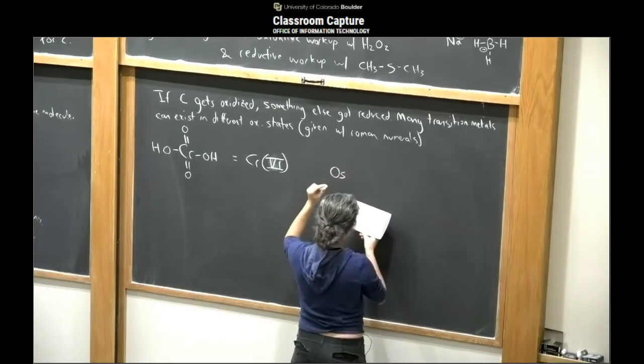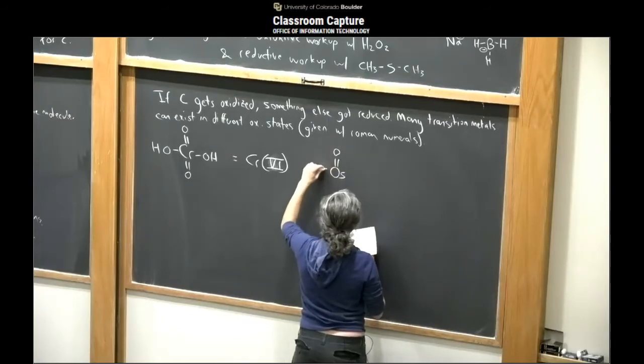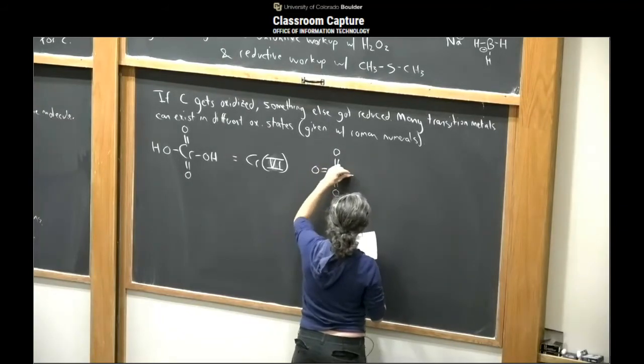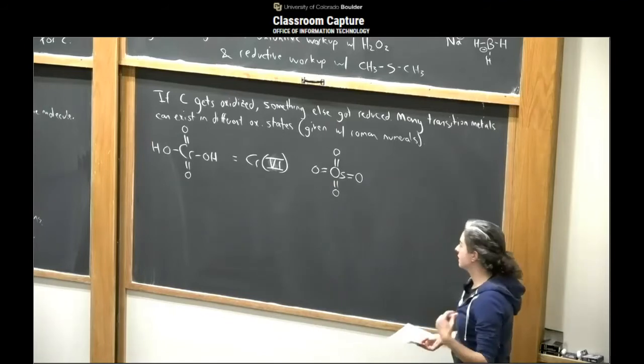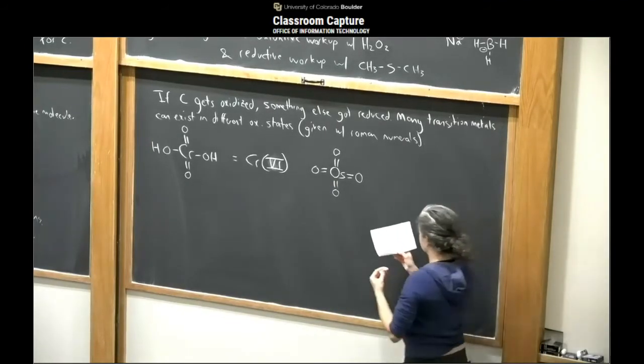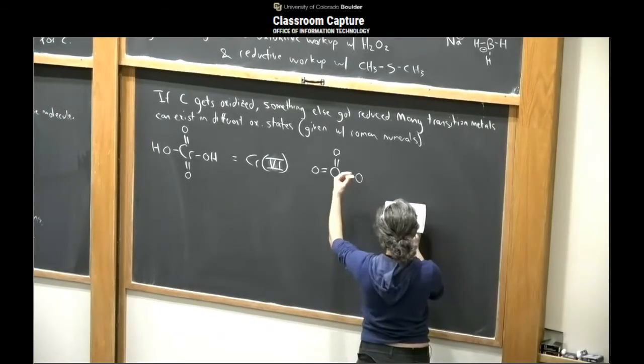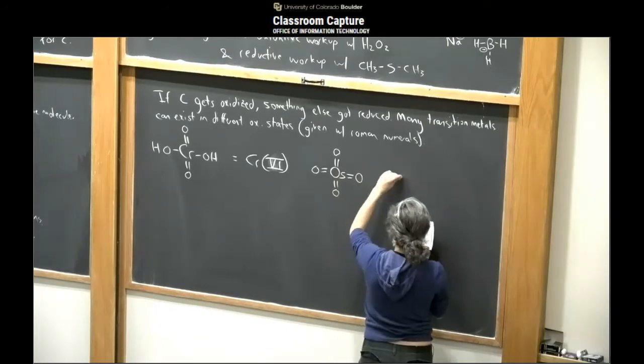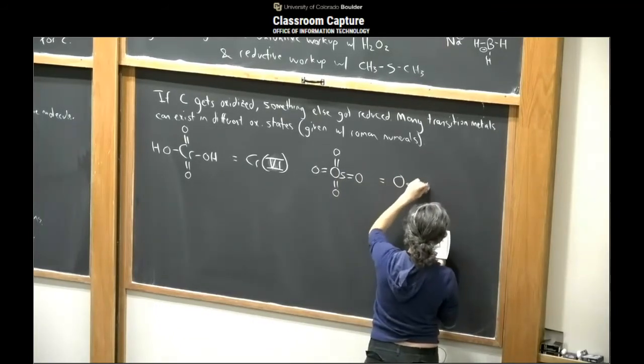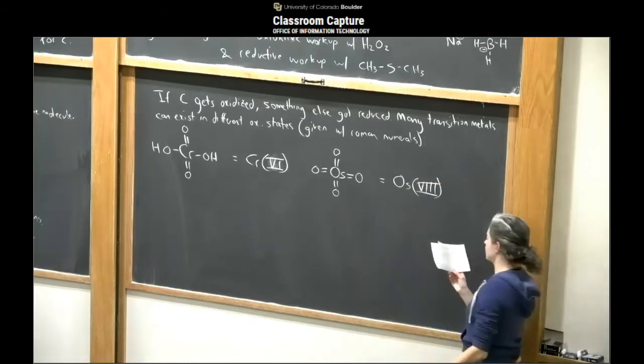We might also see later on osmium, which can actually do double bonds to 4 oxygen atoms at once. This is going to be osmium in the +8 oxidation state.